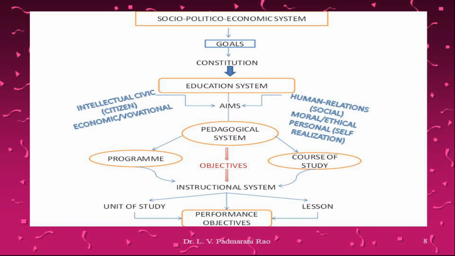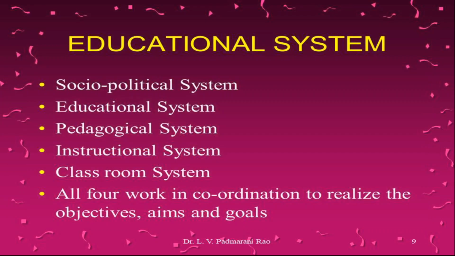Once all the performance objectives are achieved, we also achieve the goals of designing this system. So the educational system with socio-political system, educational system, pedagogical system, instructional system and classroom system, all these work together in coordination in order to realize the aims, objectives and thereby realize the goals of the system as such.